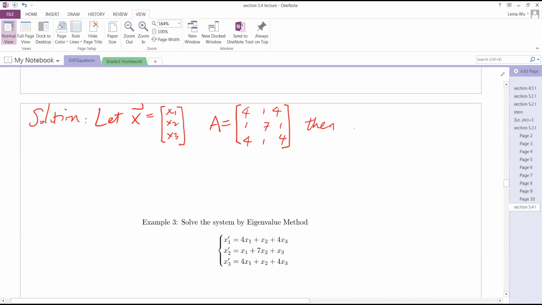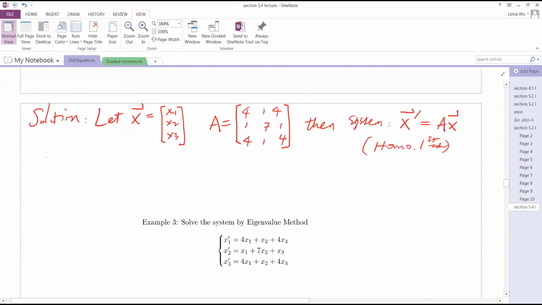Then we have the system, which will just be x prime equals Ax. Again, this is homogeneous, and this is first order, right?